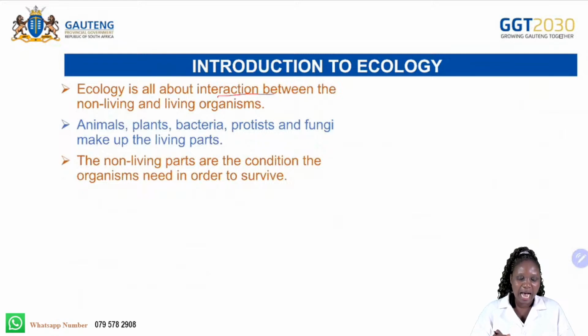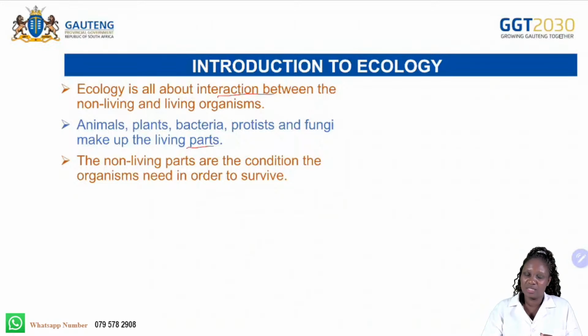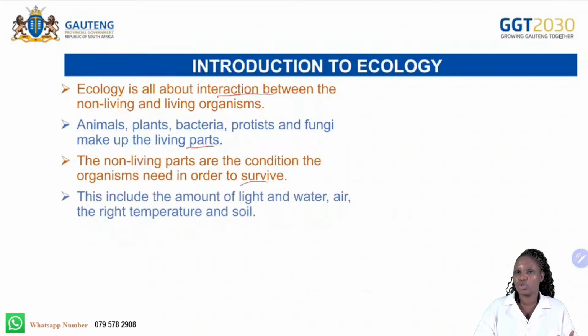Okay. Animals, plants, bacteria, protists, and fungi make up the living parts. And then the non-living parts are the conditions the organisms need to survive. All right. These are the non-living. That's why we're talking about the rocks. We're talking about the water.